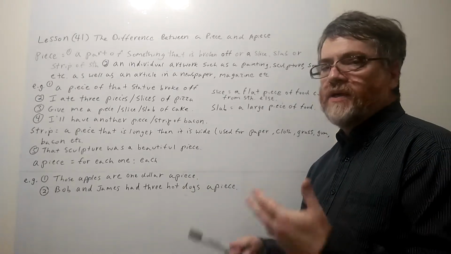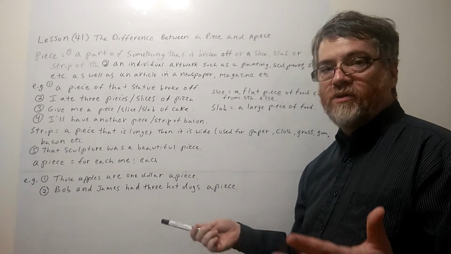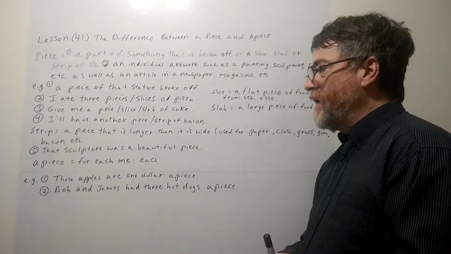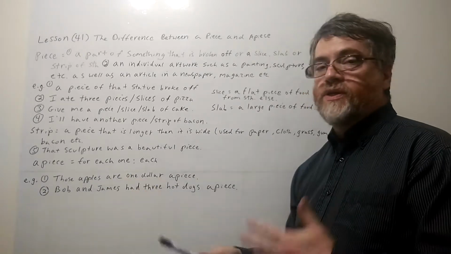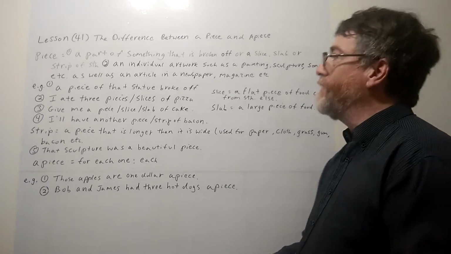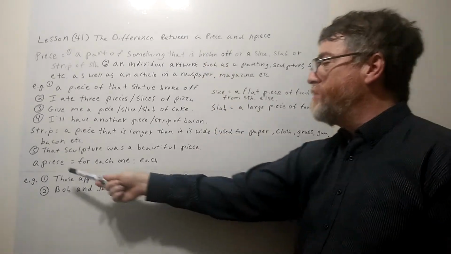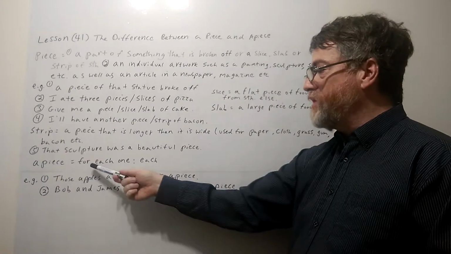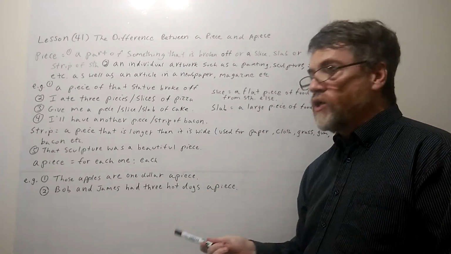So I covered a lot of the regular uses of "piece," even though you see we use it in many different ways. All right, let's look at "apiece," which could cause the problem, where somebody might be writing "a piece" separately when they should be writing this single word, "apiece." "Apiece" basically means for each one, or simply each.